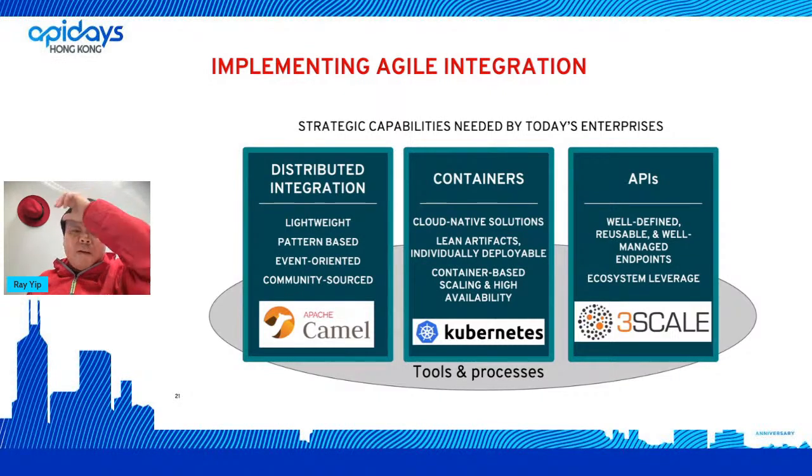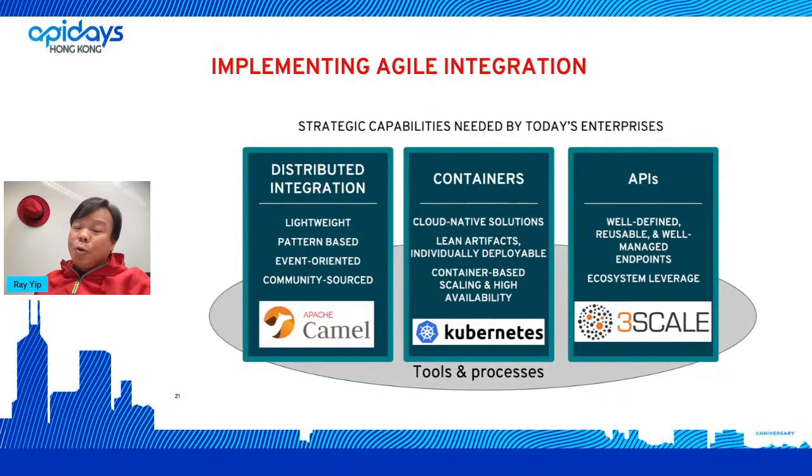For the implementation of agile integration, I'm still using open source as an example. Open source provides tool offerings that fulfill these capabilities and help users realize the benefits. For example, distributed integration with Apache Camel, the core integration technology for creating services, exposing APIs, and enabling communications, allows integration to be deployed whenever, and doesn't force a legacy enterprise service bus deployment model.